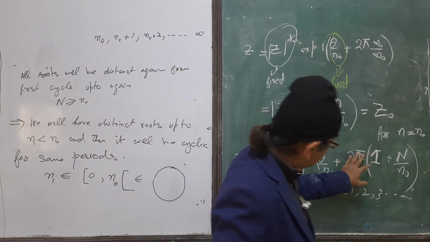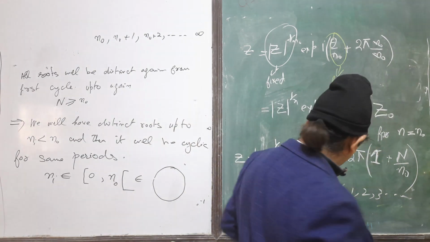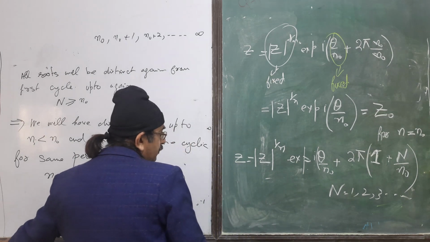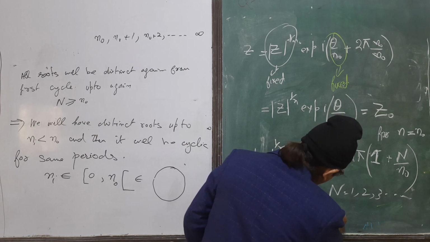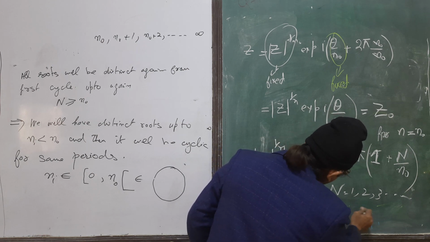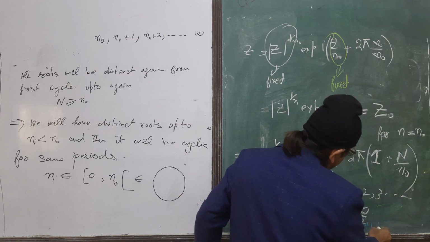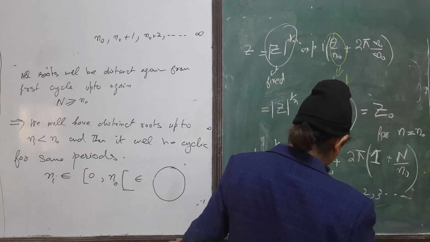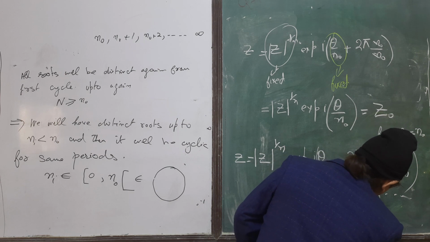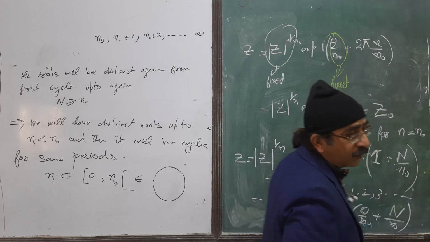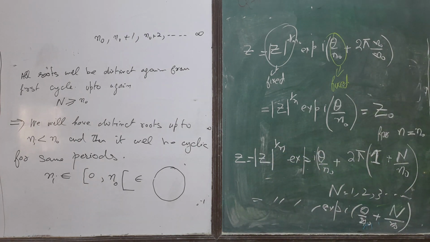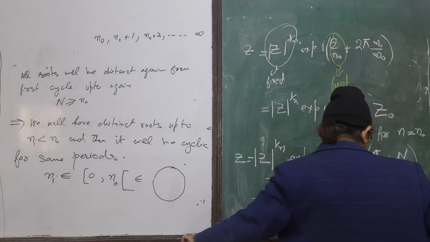Okay. Yes, you may write that this is ignorable. You may write it again. I agree. You may also write it. Remaining all is the same, but exponential of theta by 2. Sorry, theta by n naught plus n divided by n naught. Yes, that is more accurate. Yes, you are right. No, we don't need a 2 pi. Yes, we need it.